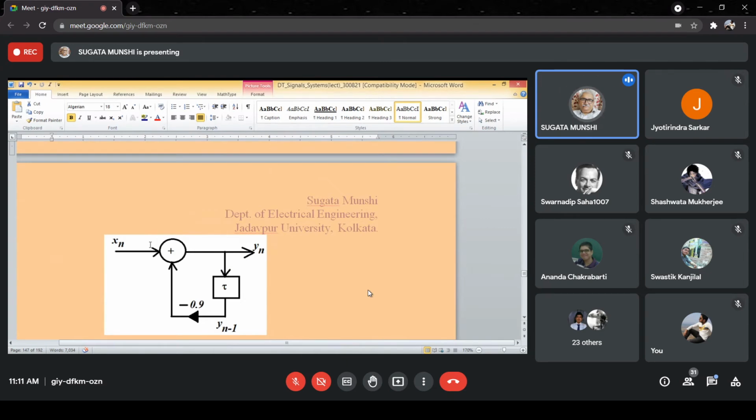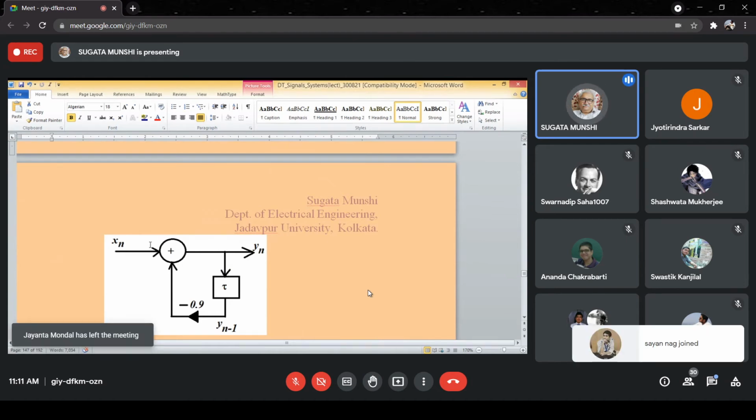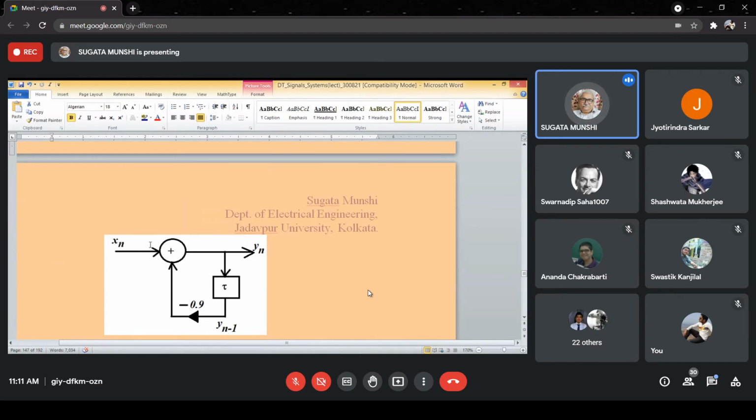Why b plus 1? Because I am considering bipolar coding. So the numbers are bipolar, all right? One bit will be either explicitly or implicitly utilized for representing the sign. So that's why we say b plus 1 bits. Therefore, xn is a b plus 1 bit number.